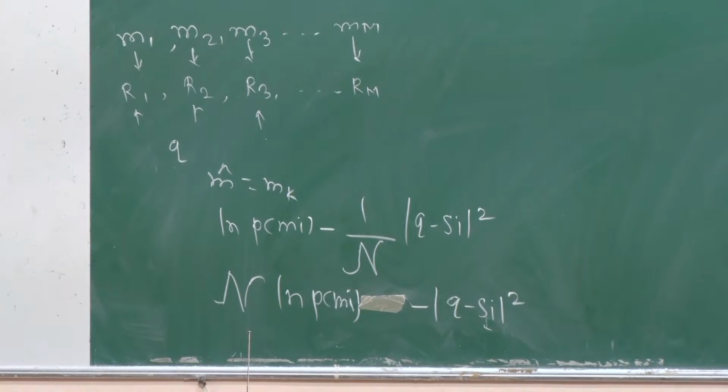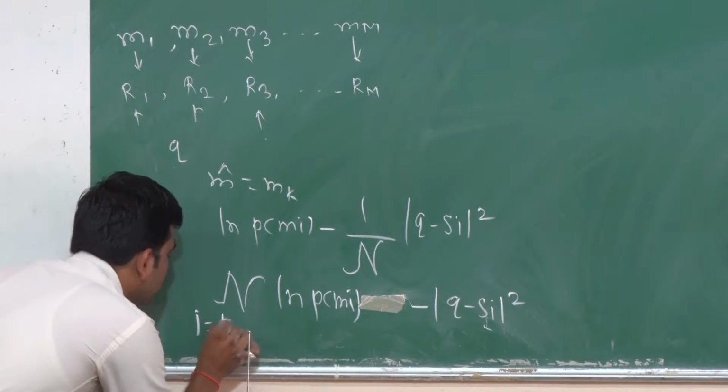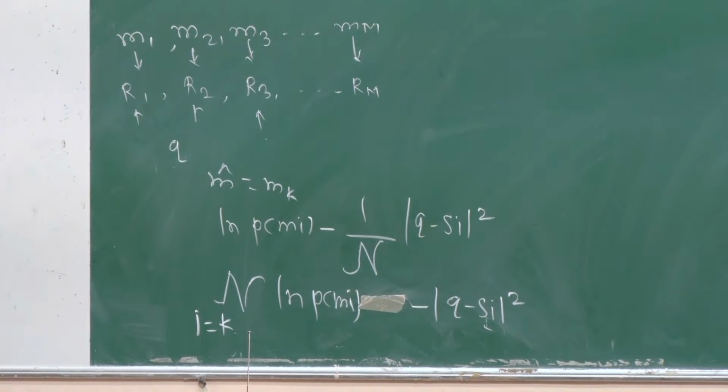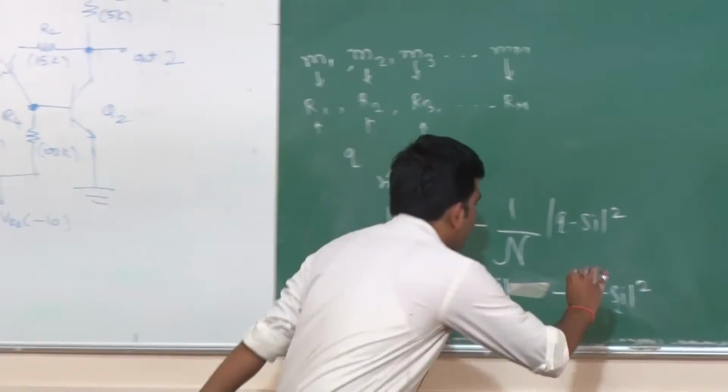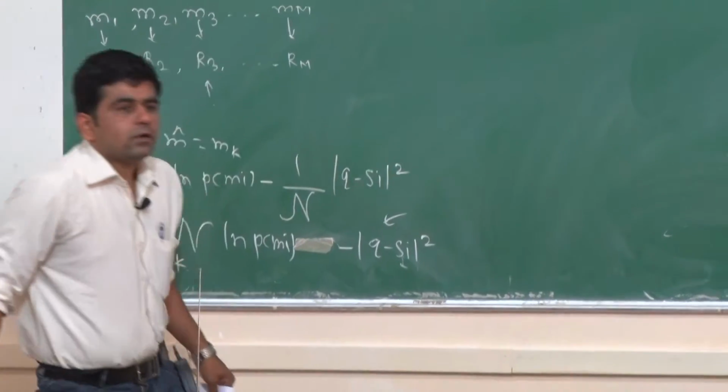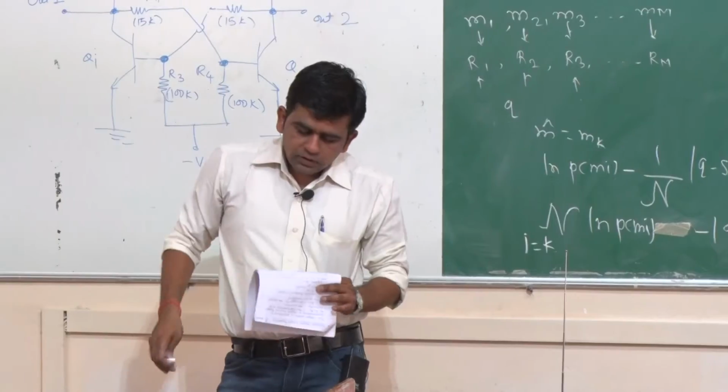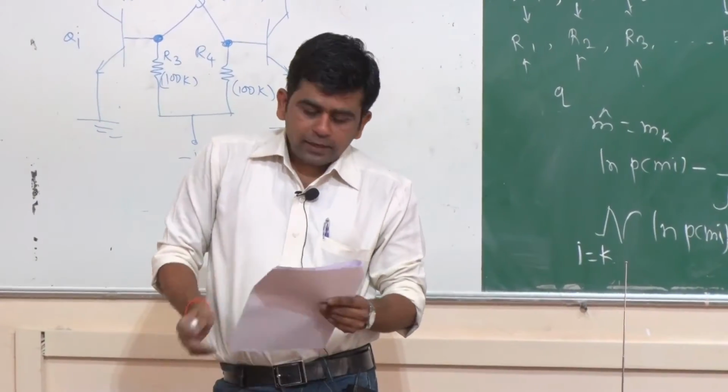This will be maximum for i is equal to k. This norm of Q minus Si gives the distance between point Q and Si.